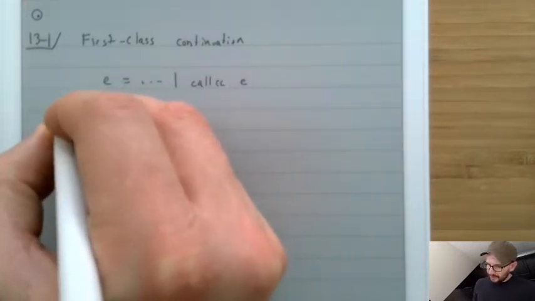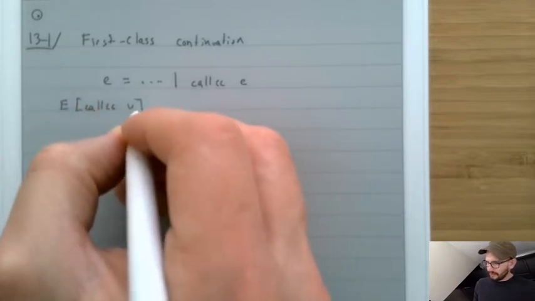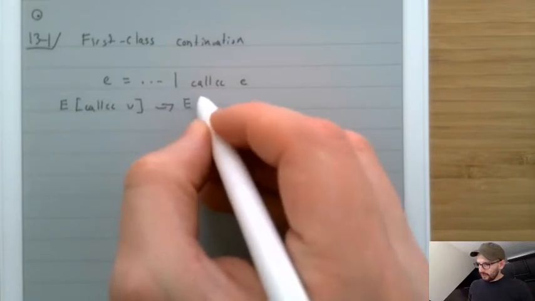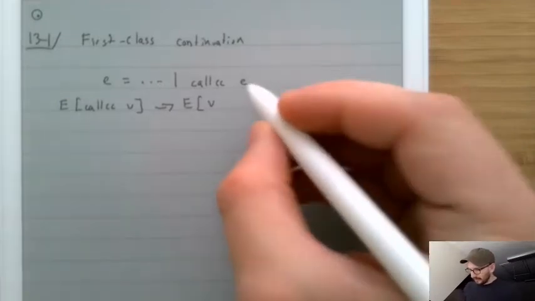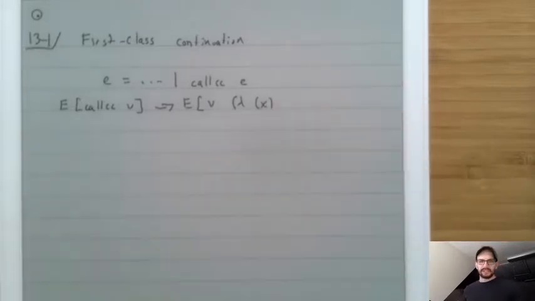When we have a context that reaches a call CC, what we're going to do is call the function v. We're going to treat v as if it's a function, and we're going to give it one argument. And this argument is going to be a function itself that takes one argument, x.